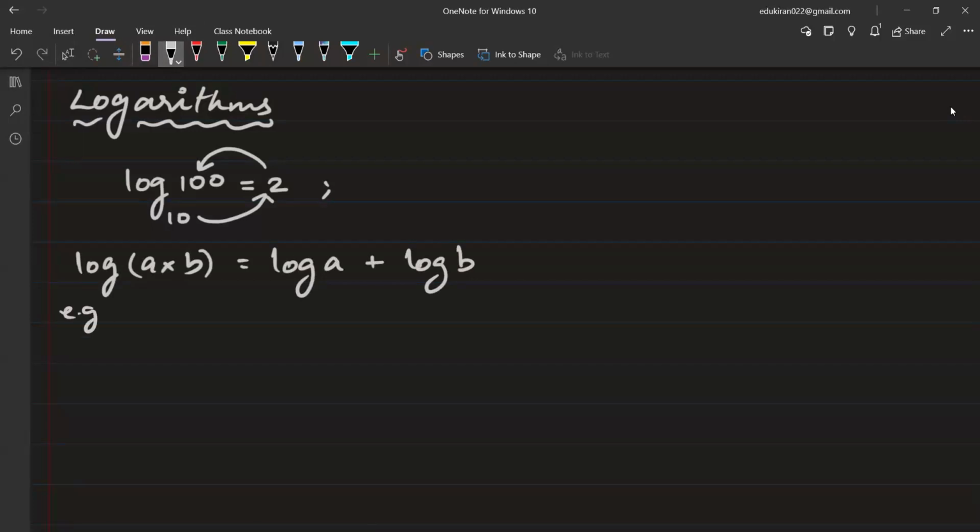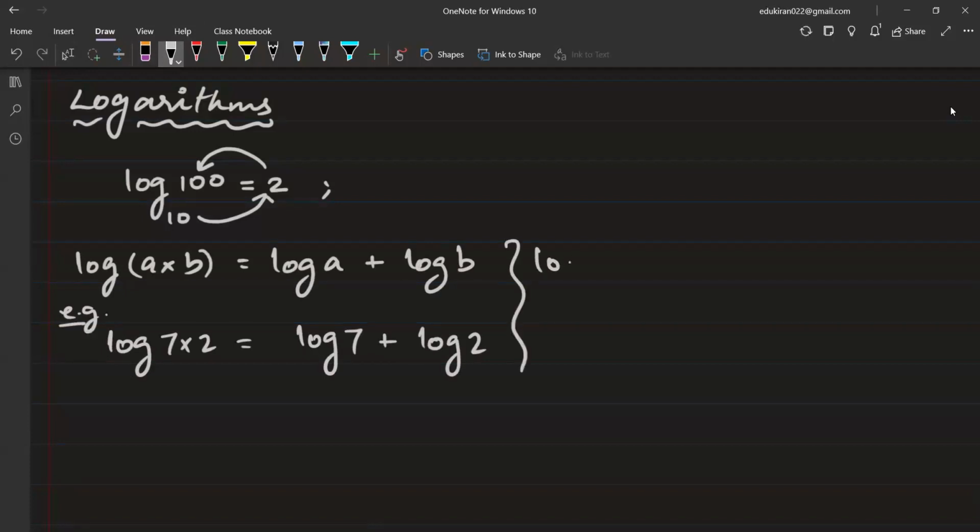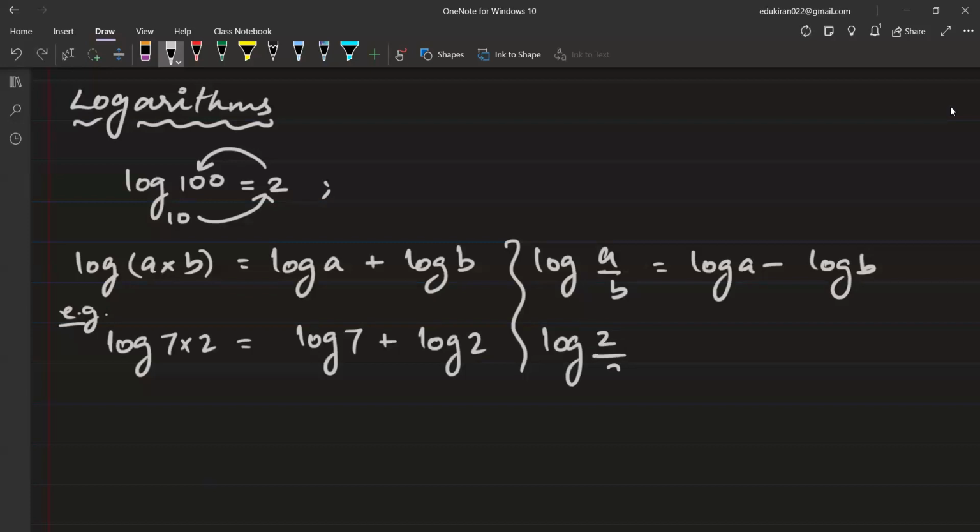For example, if I have log of 7 into 2, then this is equal to log of 7 plus log of 2. ठीक है, next लिखिए, log of a upon b is equal to log of a minus log of b. For example, if I have log of 2 by 3, then this will be equal to log of 2 minus log of 3.